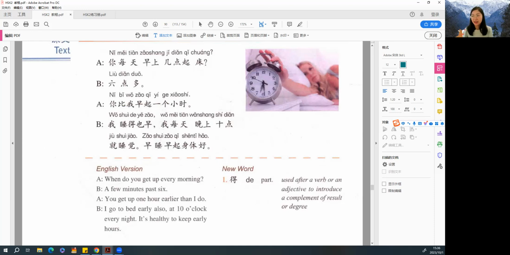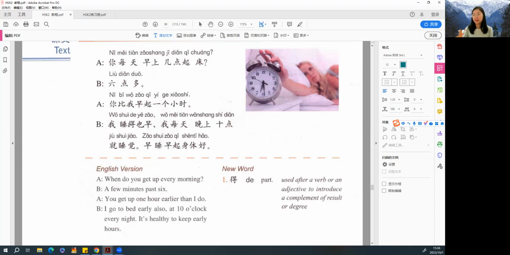So this 得 is following a verb, just as this explanation said, following a verb with an adjective, telling that it's a complement. I'm going to use this adjective to describe this verb, with 得 in between.